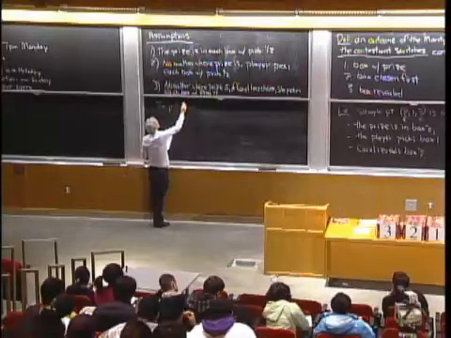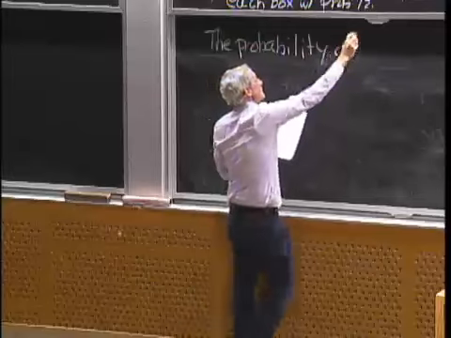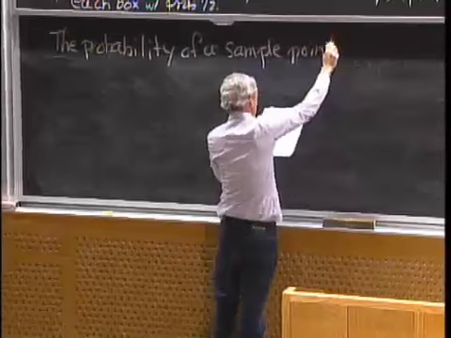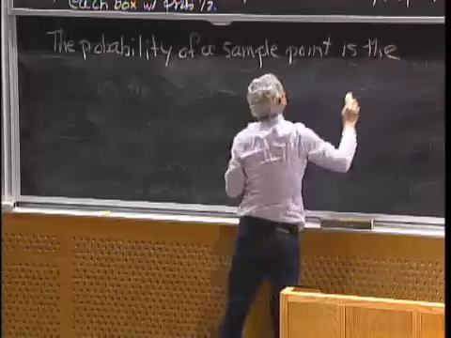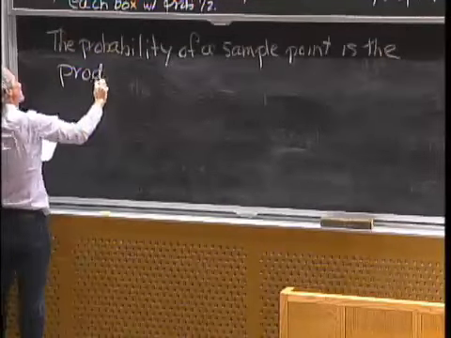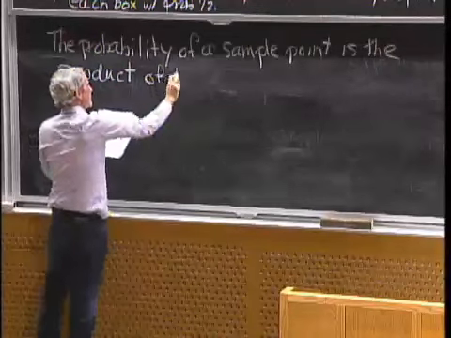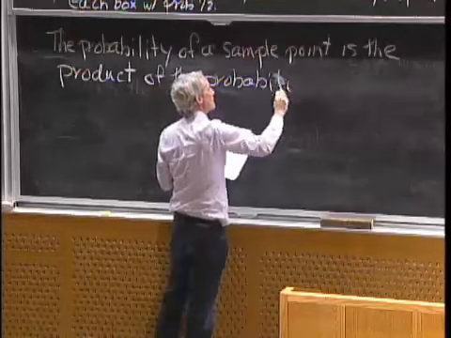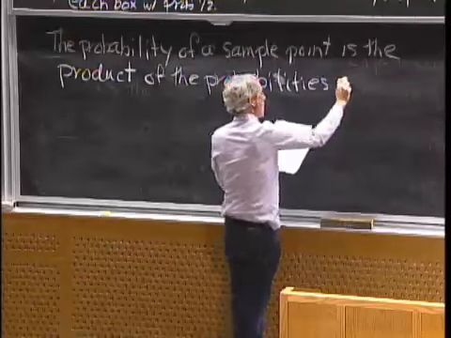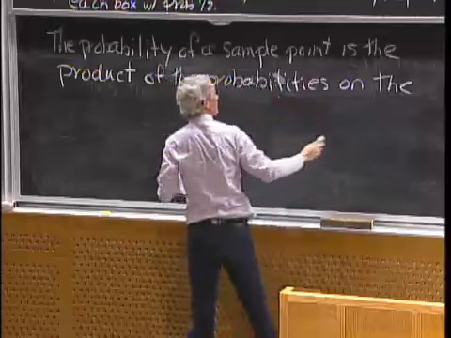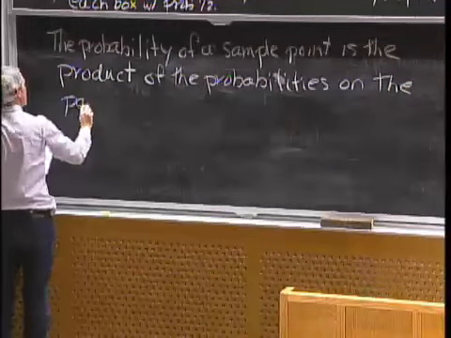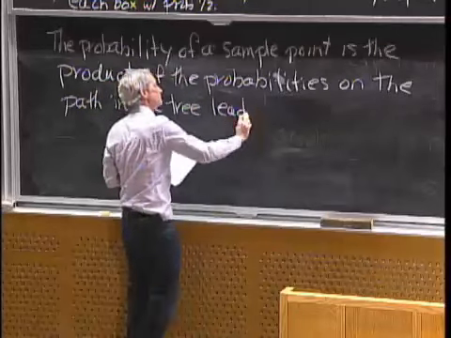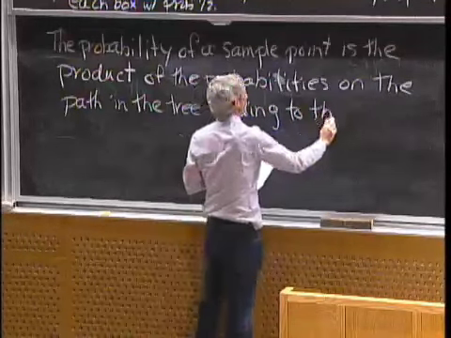The probability of a sample point is the product of the probabilities on the path leading to the outcome, the path in the tree, leading to the outcome, or the sample point.